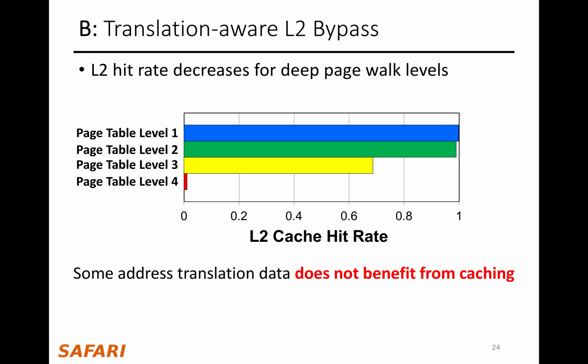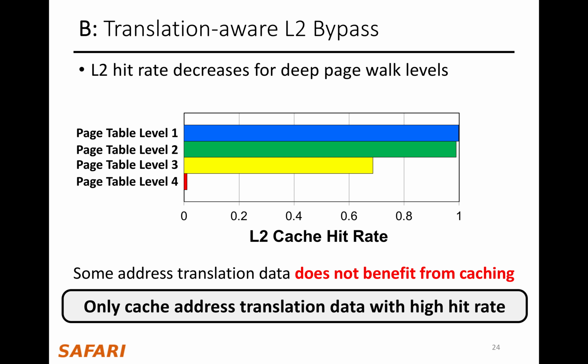So we found that much translation data doesn't really benefit from using the L2 cache. What we need to do is only cache address translation data with a high hit rate.